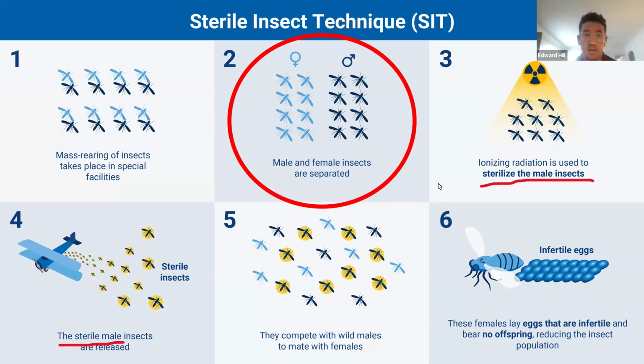Doing so on an industrial scale is hard. And then we would basically get rid of the females, just use the males thereafter, sterilize them, release them, and see what happens. So again, this is SIT with sex separation.